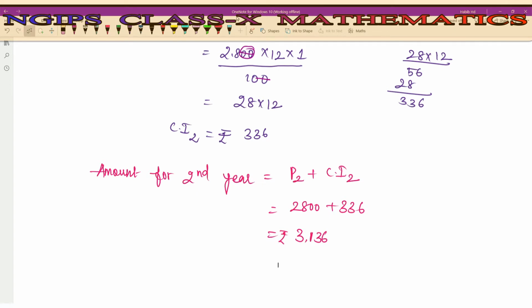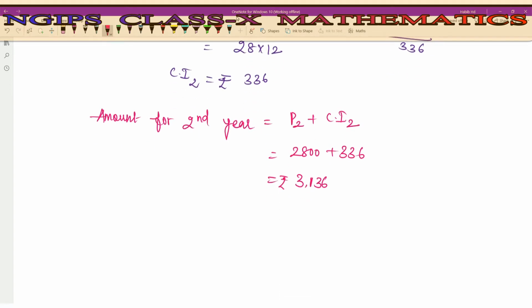So at the end of the second year, amount is equal to rupees 3136.